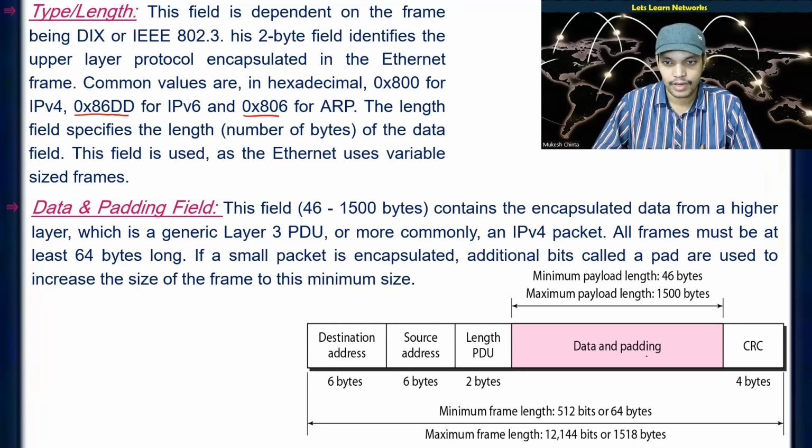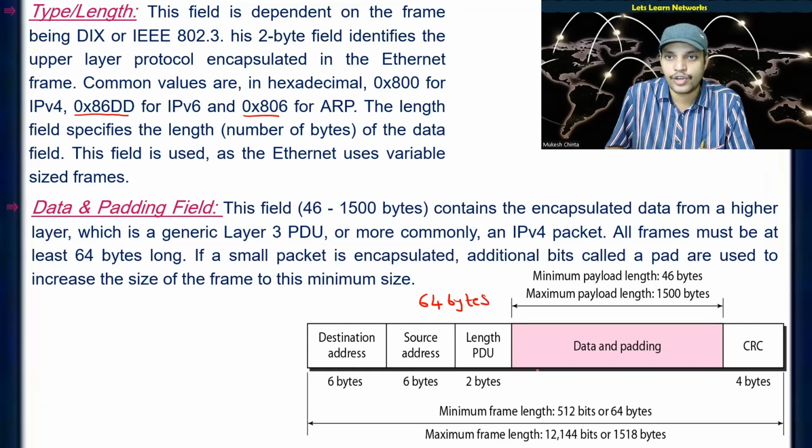But for a frame to be a minimum of 64 bytes, count the mandatory fields in your header: this is 6, this is 6, the length is 2, and the CRC, your last field, which contains the CRC32 frame check sequence, is 4 bytes.